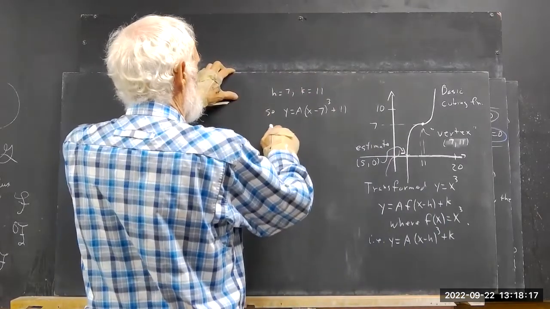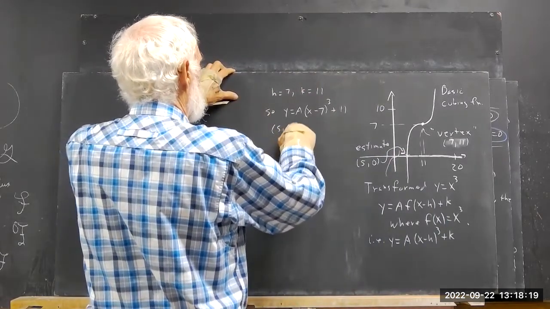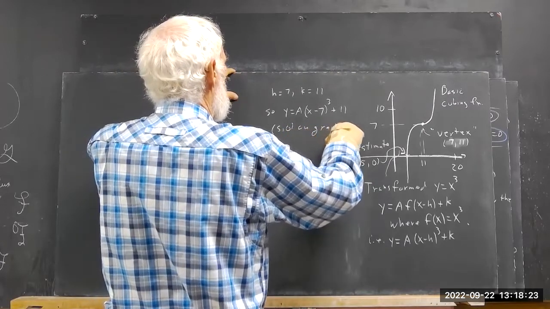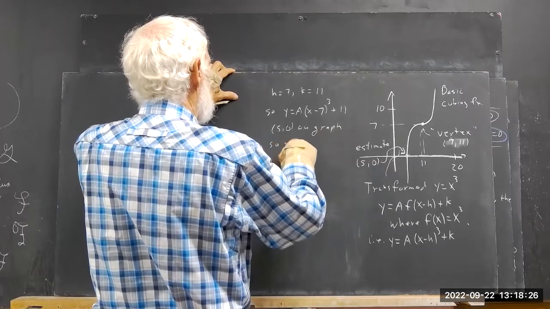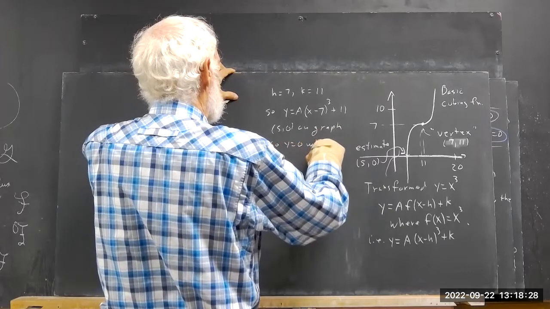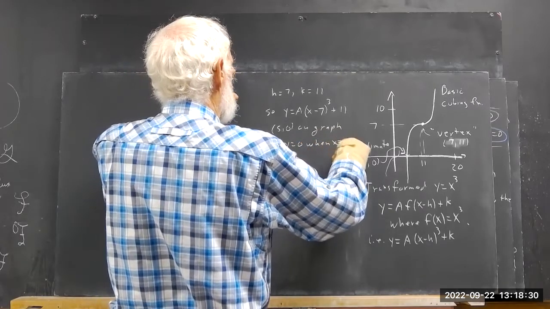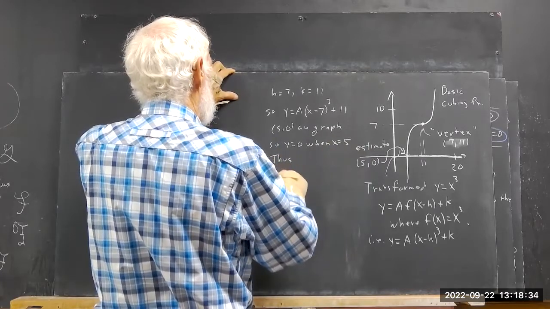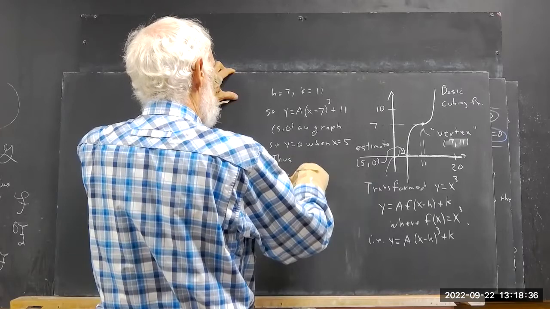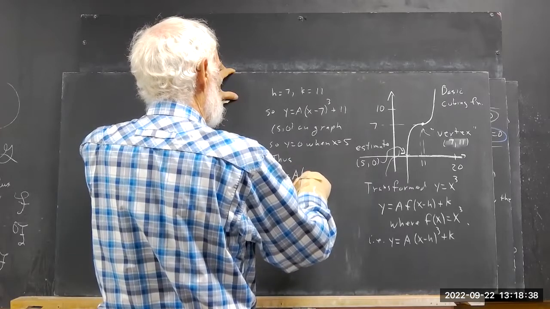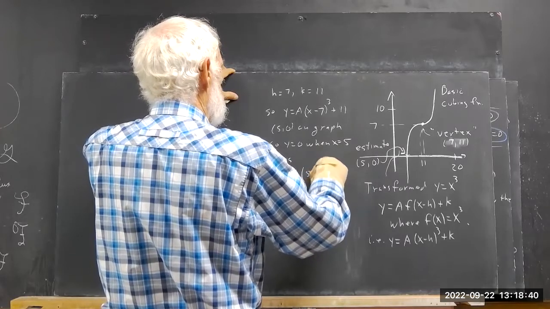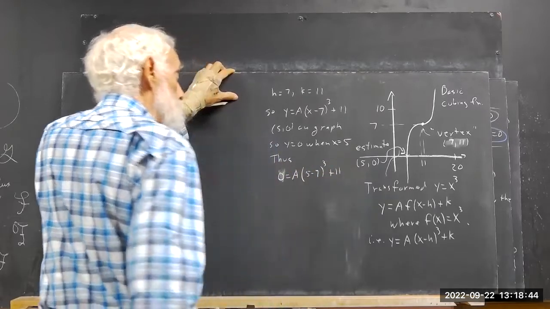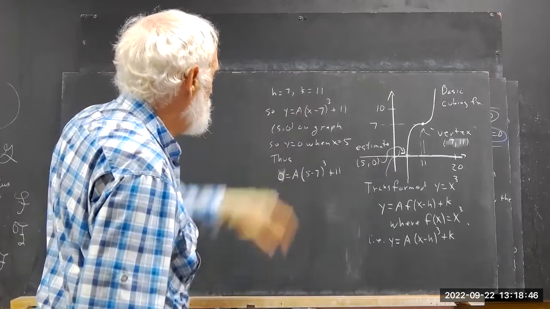So y equals 0 and x equals 5. And y is 0, substituting 0 for y and 5 for x.